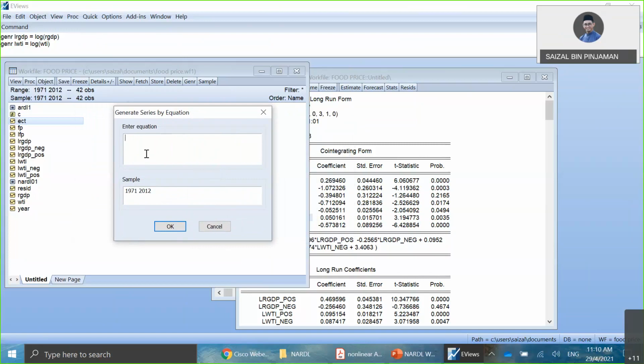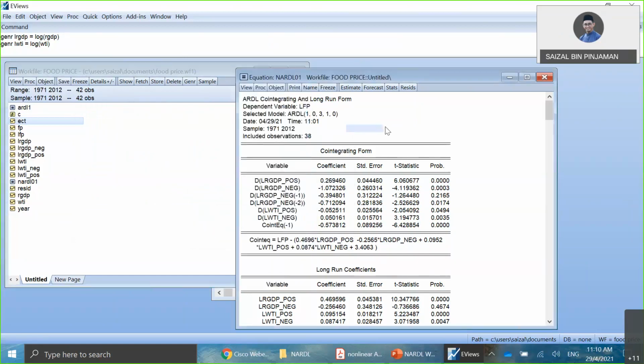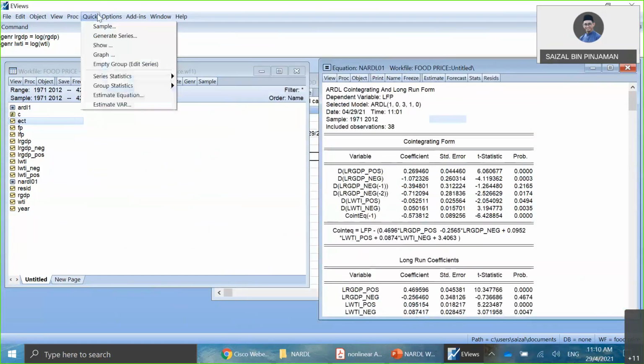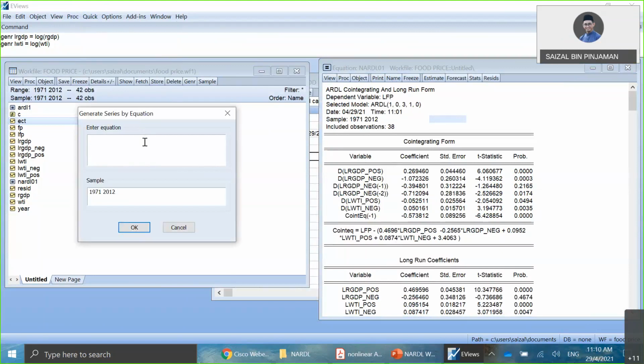We start with the difference form for the LR GDP first. Before that, let us cancel so I can see this clearly. Back again, generate series. So we follow this one.